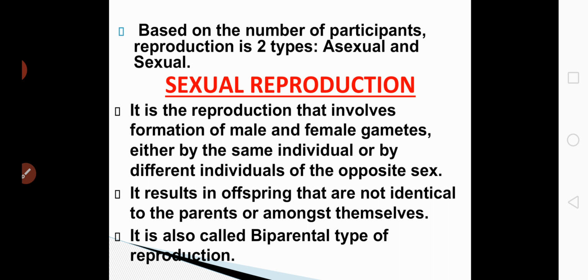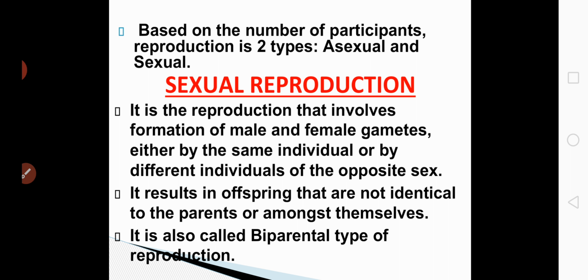Coming to the characters, sexual reproduction involves the formation of male and female gametes either by the same individual or by different individuals of the opposite sex, and it results in offsprings that are not identical to the parents or amongst themselves.